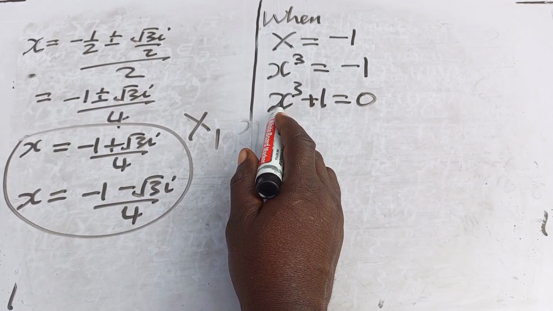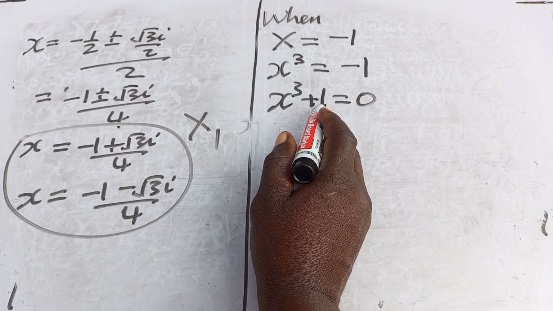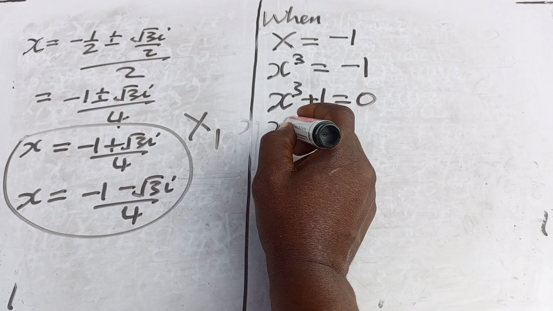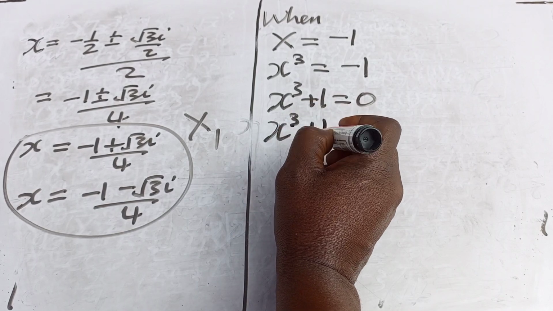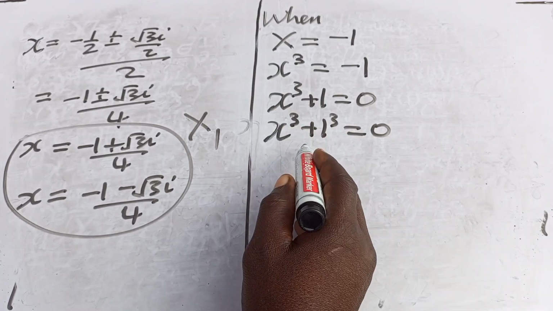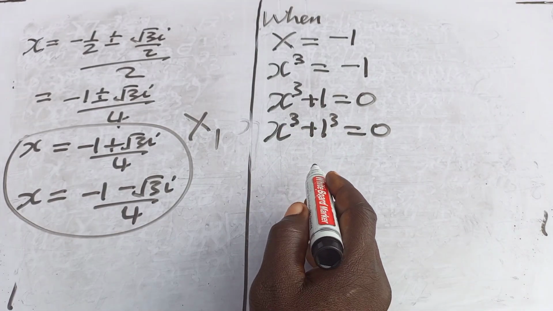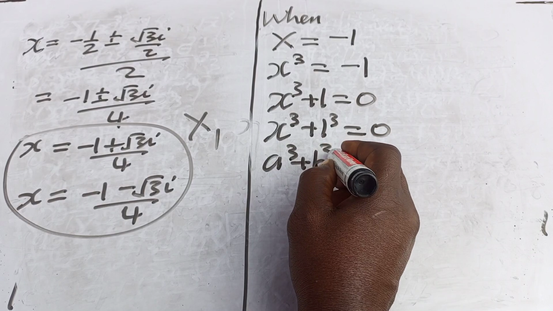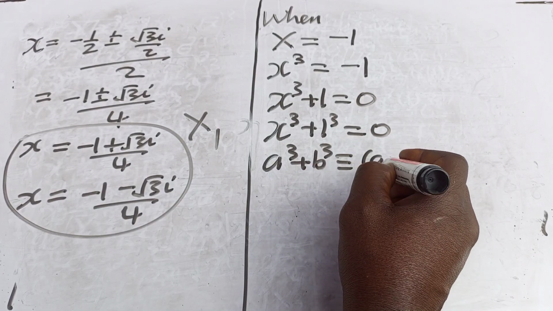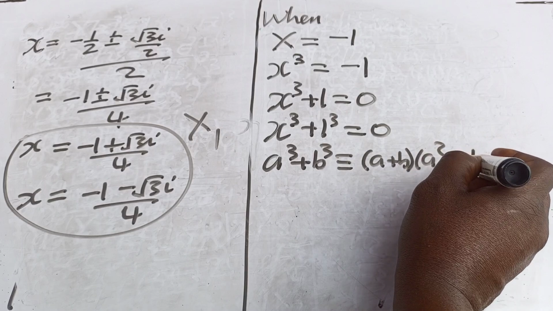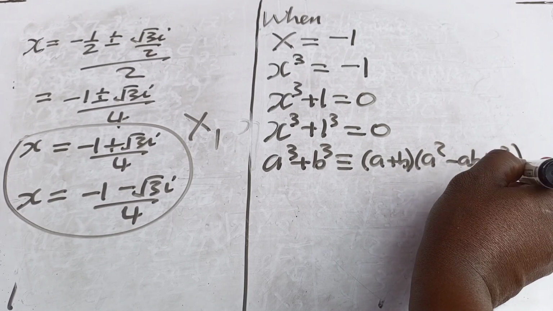This is x cubed. We can write 1 as 1 cube in order to have sum of cubes. So this can be written as x cubed plus 1 cube is equal to 0. We use this because we know the identity of sum of cubes. The identity of sum of cubes says that a cubed plus b cubed is the same as a plus b into a squared minus ab plus b squared.